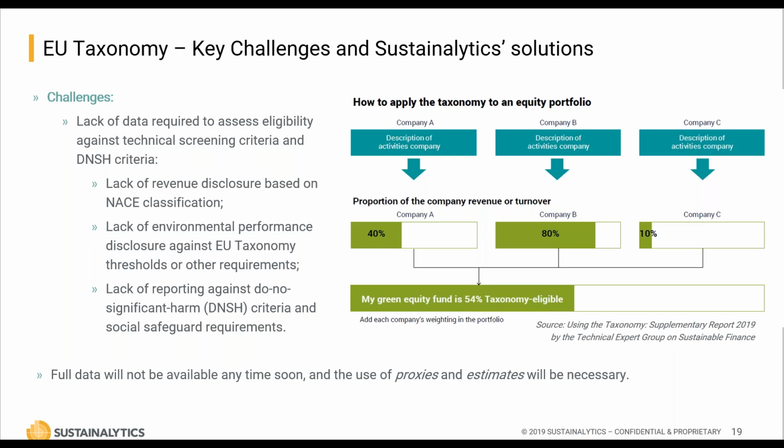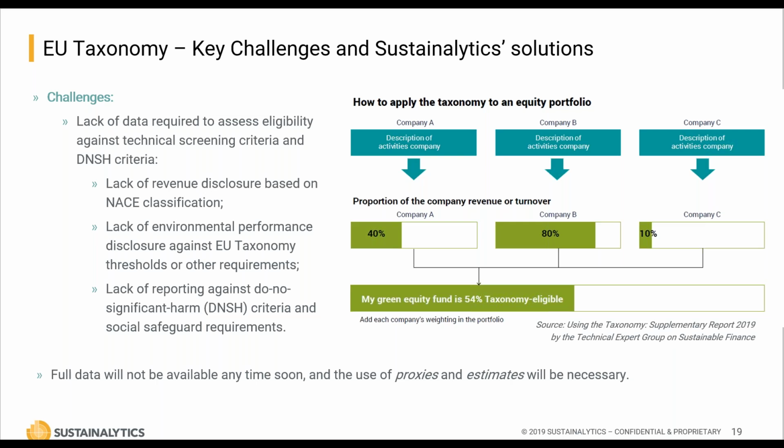And this graphic here from the taxonomy report illustrates how the technical expert group, or TEG for short, envisions the investor use case involving the assessment of activities per company in order to identify eligible revenues and then aggregating to the portfolio level. Now, with the right data, this is a really strong approach. It has great potential to really move the needle with respect to the consistency and effectiveness of sustainable finance.